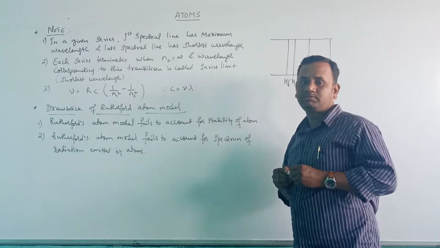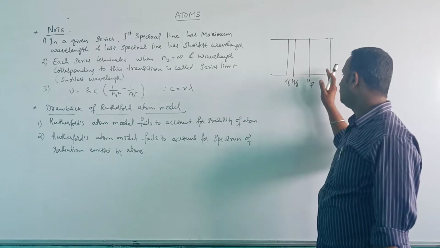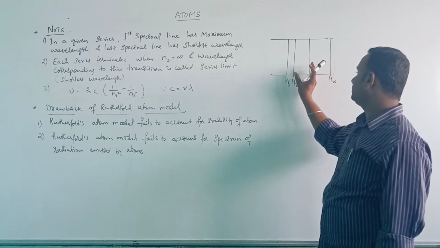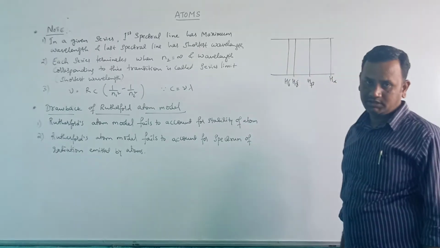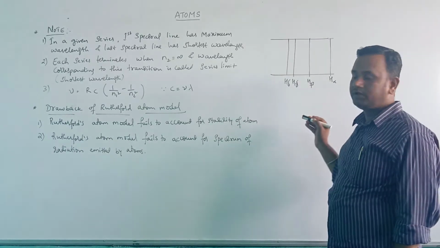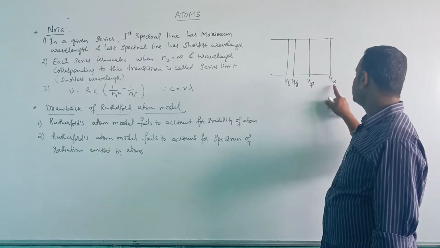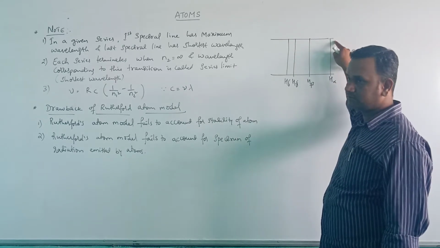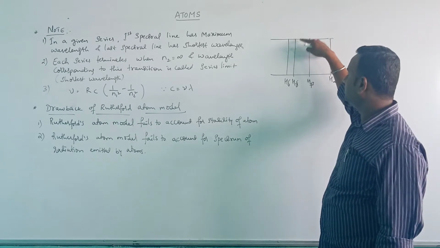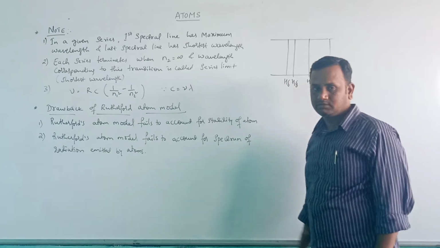We can observe that as we go further, the spectral lines lie very close to each other. In the Balmer series, observing the four spectral lines, the first one, H alpha, is red, then blue, green, violet, and so on.